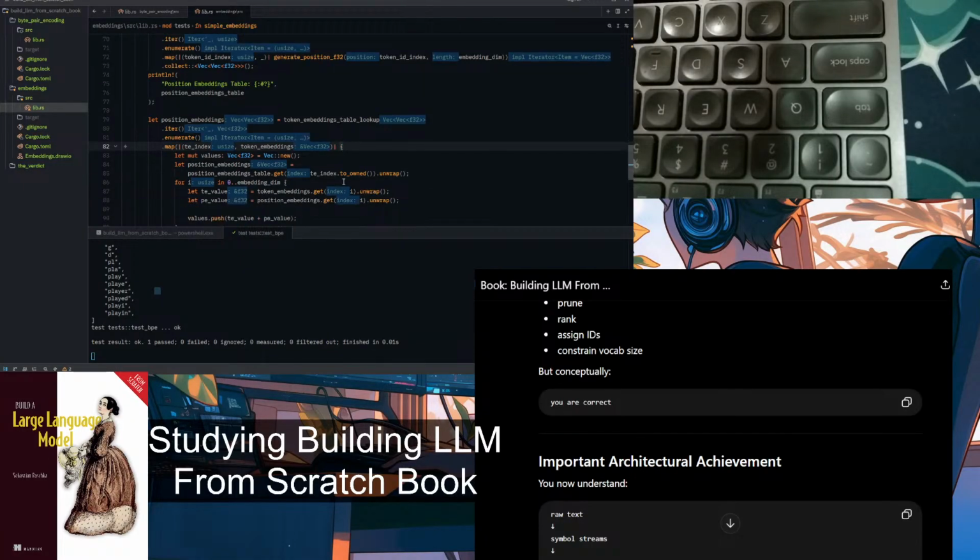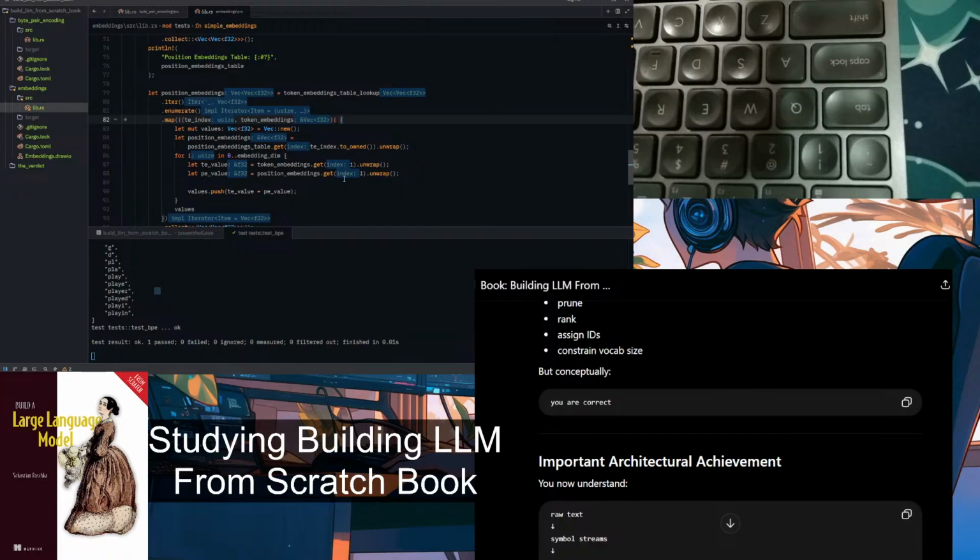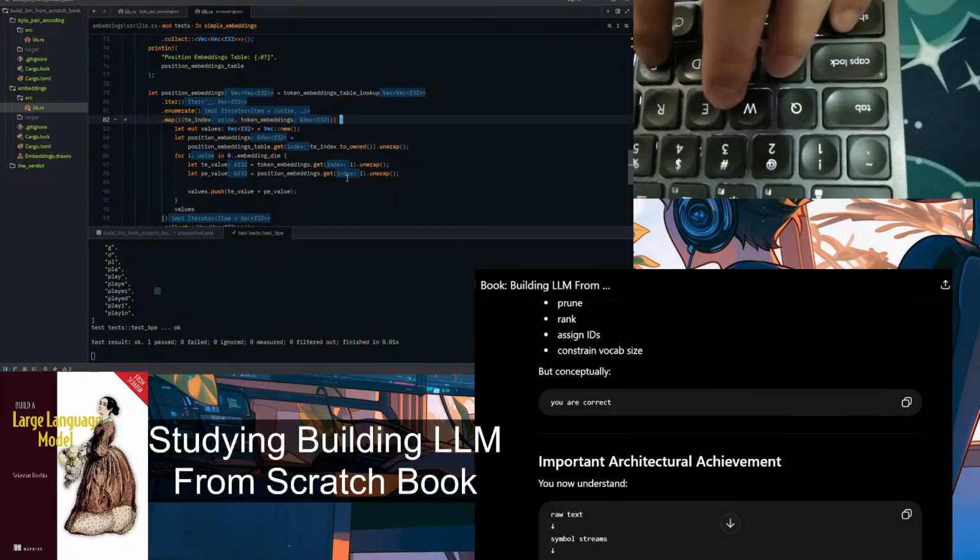And then also pattern. If you don't have a pattern or structure in your code, you will most likely forget how you did it.